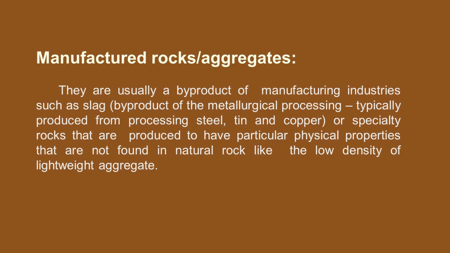Pag sinabing manufactured aggregates, ito ay na-process o meron ditong ginawang experiment para makuha yung characteristics ng aggregates na hinahanap nila. Kaya nga sabi dyan, that are produced to have particular physical properties that are not found in natural rock, like the low density of lightweight aggregates.